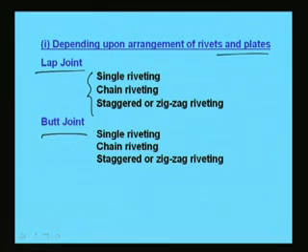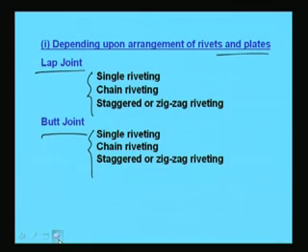If zigzag, the strength will be a little more than chain riveting if the same number of rivets is placed. All these things we will be discussing, and we will see how the strength is going to be calculated. And in case of butt joint also we will see single riveting, chain riveting and staggered or zigzag riveting.